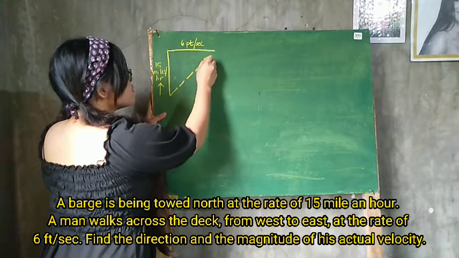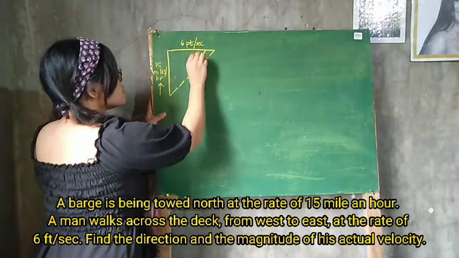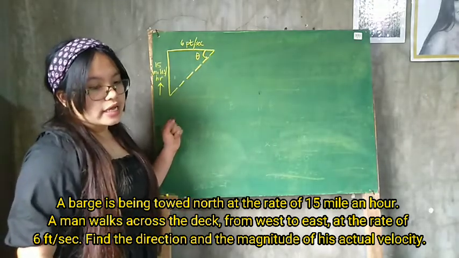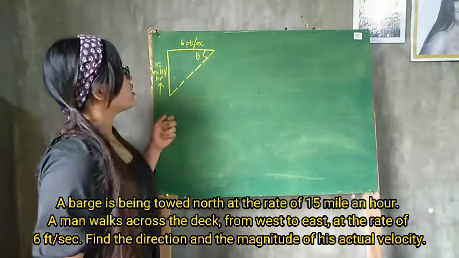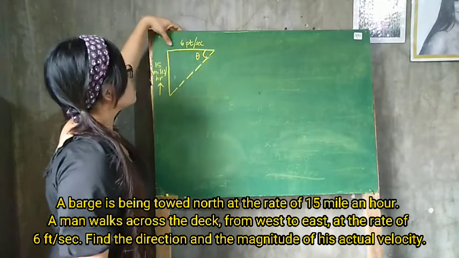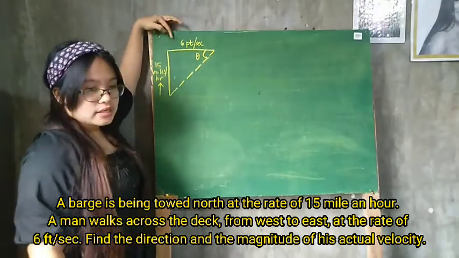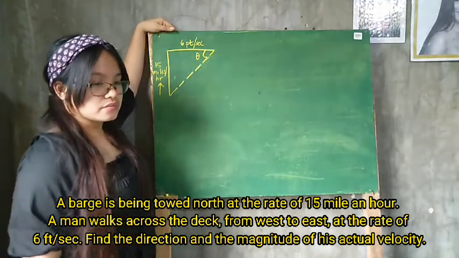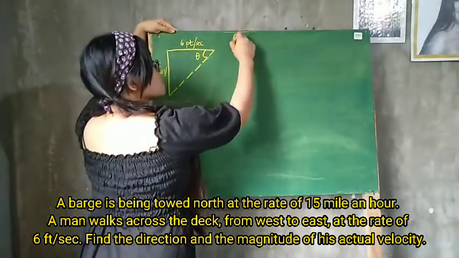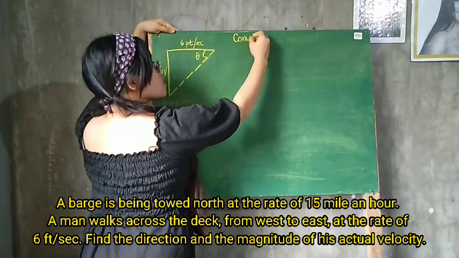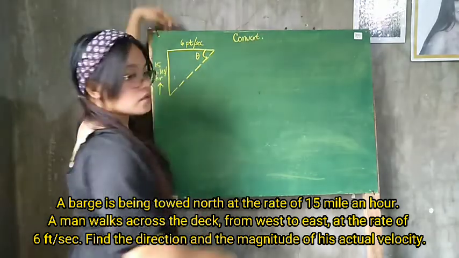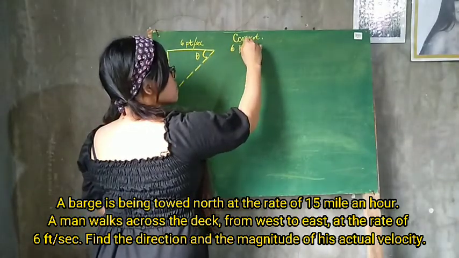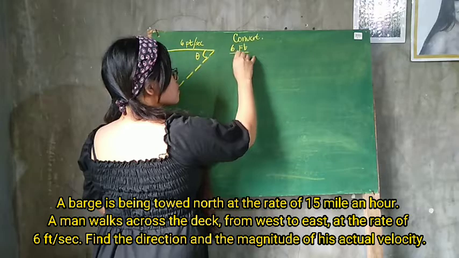So let's first find the theta of the triangle. But before that, we will have to convert the 6 feet per second into miles per hour. So let's convert. We have 6 feet per second.